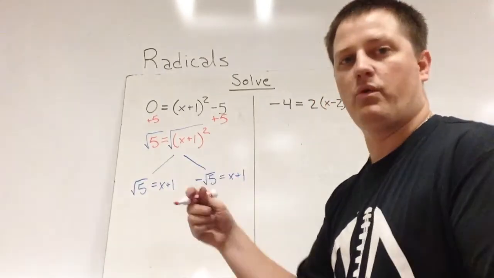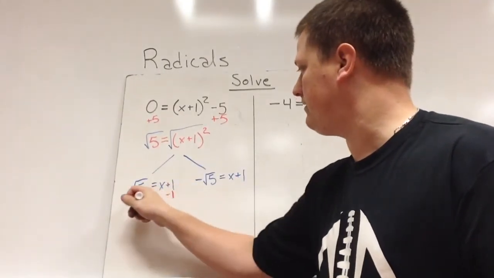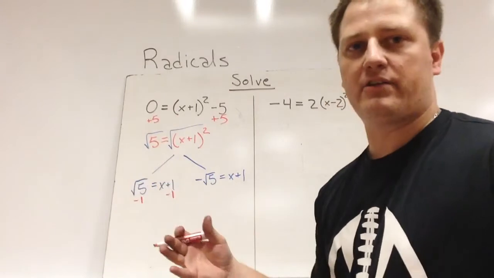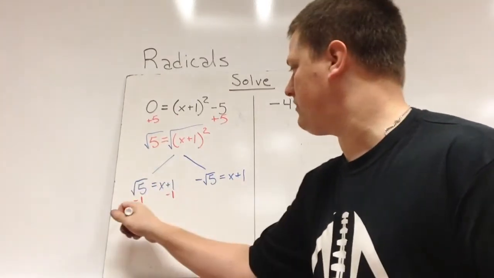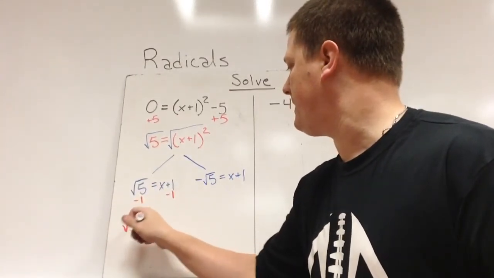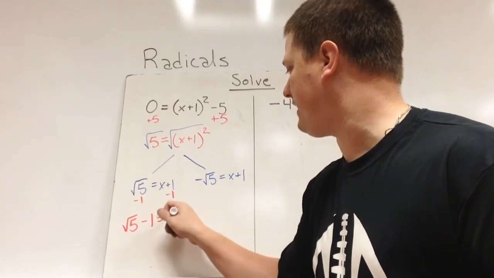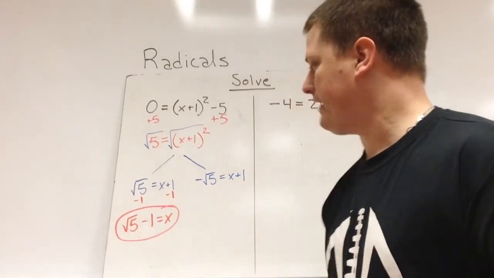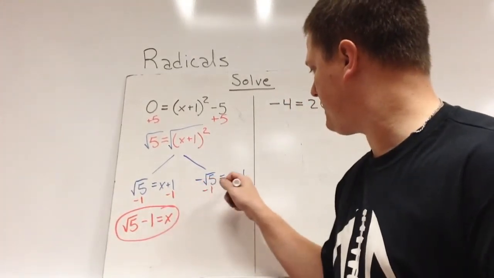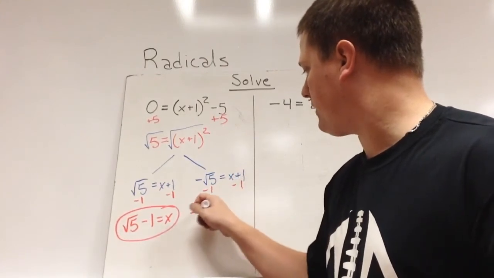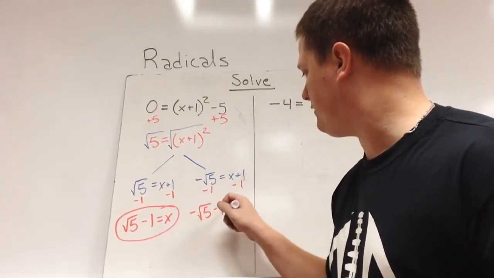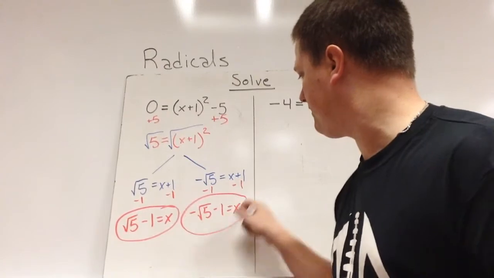We're now going to add or subtract 1 on both sides. Well, these aren't like terms. One has a square root, one doesn't. So this is square root of 5 minus 1 equals x. And this one would be negative square root of 5 minus 1 equals x.